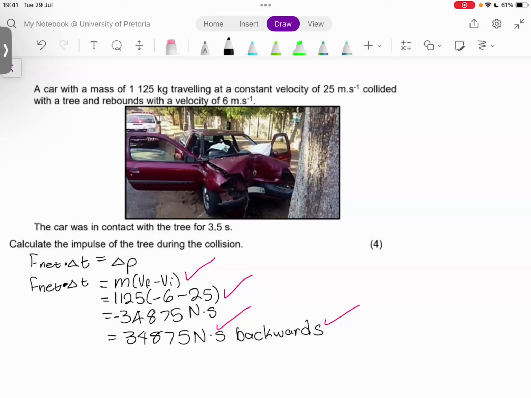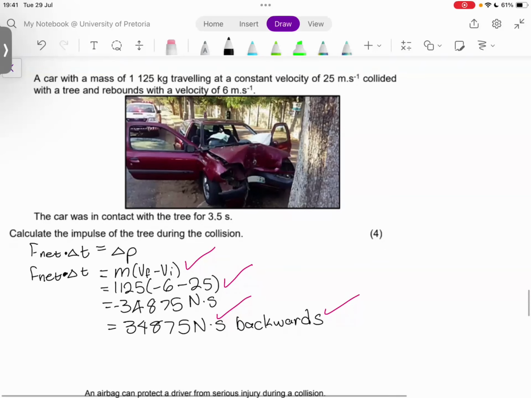Paul, just to follow up on what you said, if you said in your working out you're taking east as positive as the initial direction, then it would be correct for you to state your final answer as 34,875 Newton seconds west. Cool. Let's carry on.